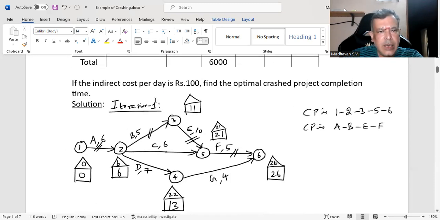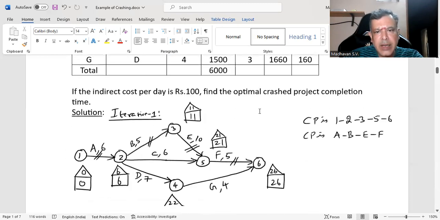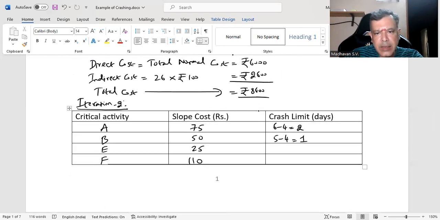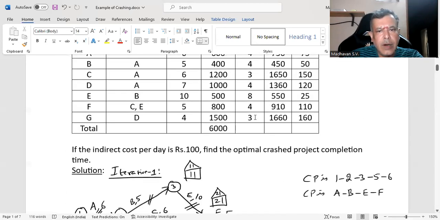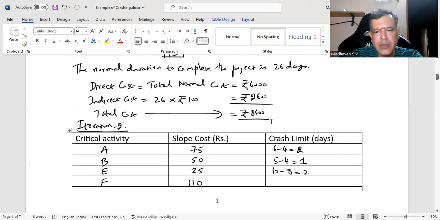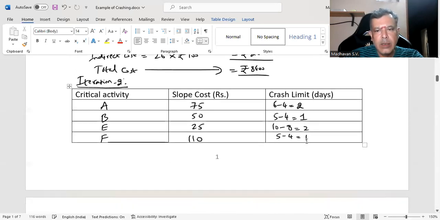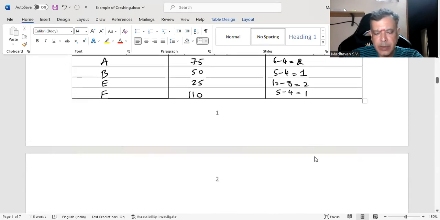And for E, it is 10 minus 8, 2 days. And then for F, it is 5 minus 4, 1 day. So that is the crash limit available.